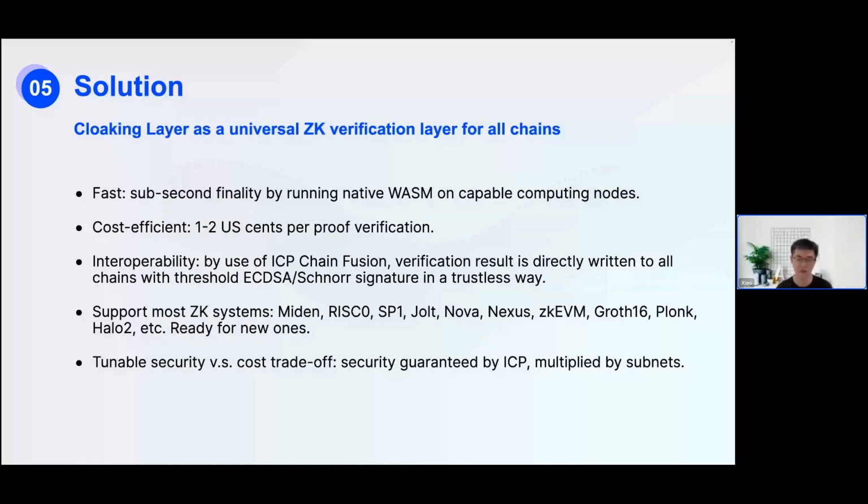So I'm not saying that we do one subnet replication, but the same application will run in different subnets, which gives some kind of duplication. This will increase the cost, but also make the application much more decentralized and secure. So we have this option to make a trade-off between security and cost.